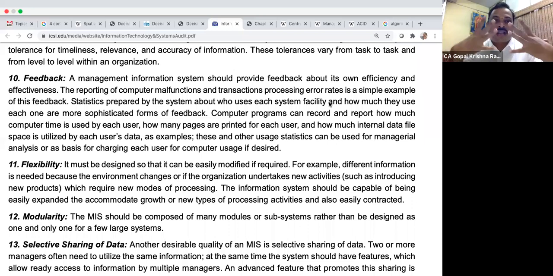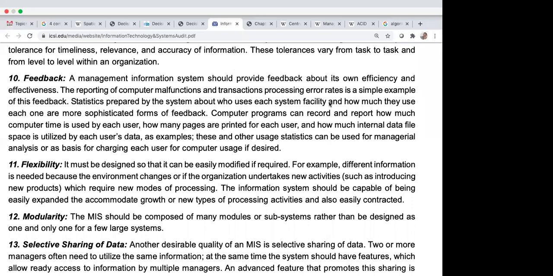EIS information will mostly be in a diagrammatic form, in a simple reporting format, because people at the top level will not read hundreds of pages. You should give it in one single page, one diagram, very easy for them to comprehend.